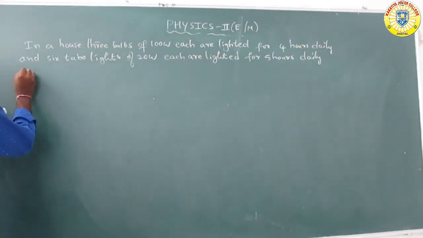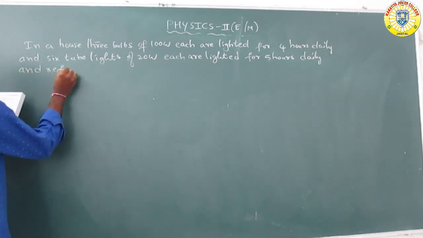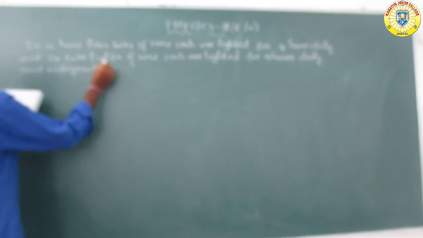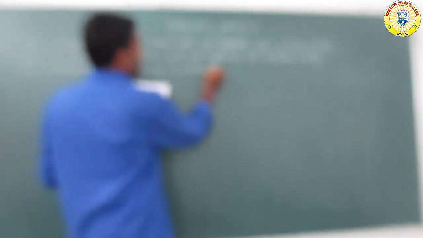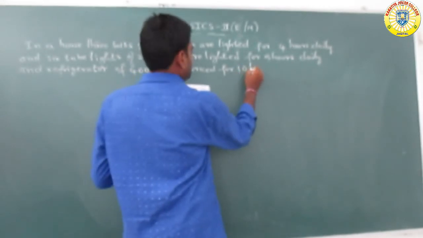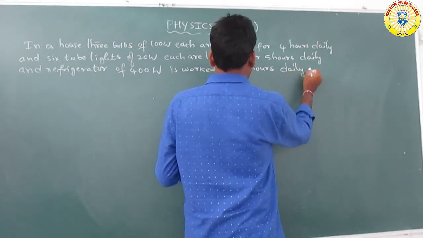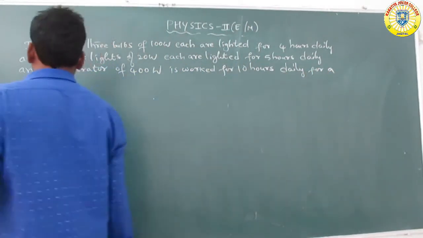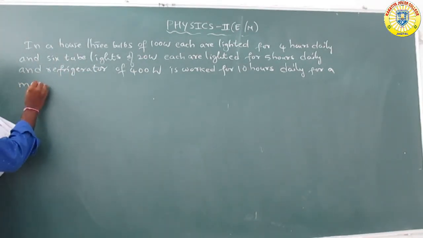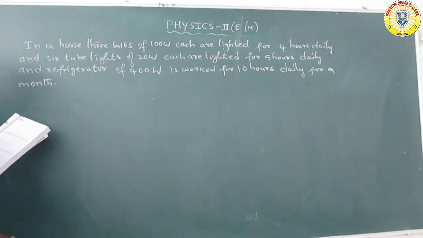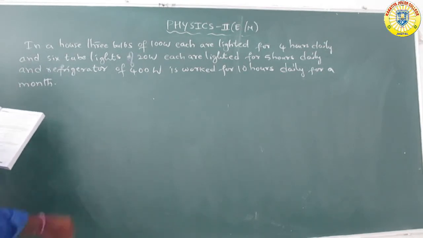and a refrigerator of 400 watts is worked for 10 hours daily for a month of 30 days.